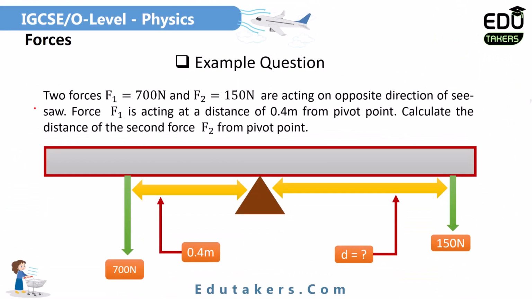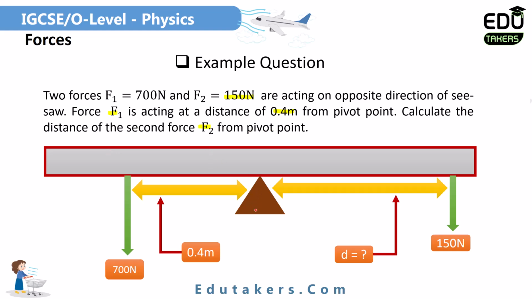Here is the example. Two forces, F1 is equal to 700 Newton and F2 is equal to 150 Newton, are acting in the opposite direction on the seesaw. Force F1 is acting at a distance of 0.4 meter from the pivot point. Calculate the distance of the second force F2 from the pivot point.